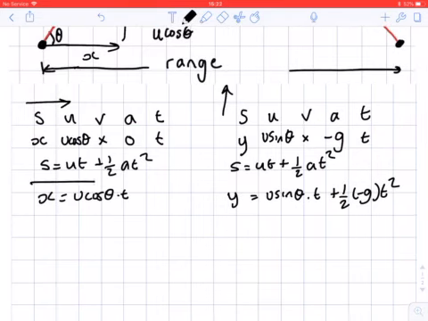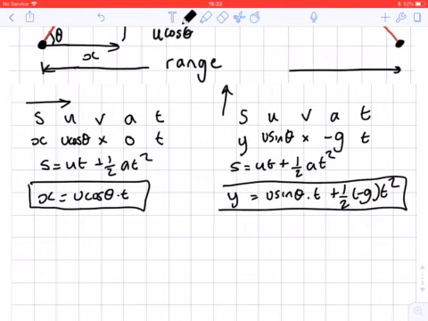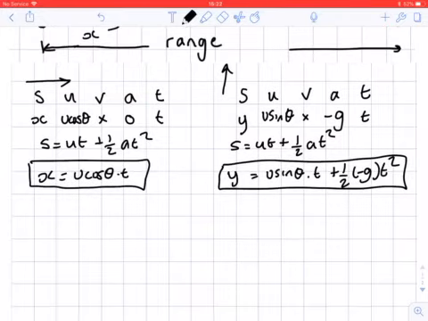Now what we've got here is two equations, x and y, and they're both linked by this third variable t. These are what are called parametric equations, and what we can do is eliminate the t by using one of the equations and substituting it into the other, and that should give us our Cartesian equation in terms of x and y. I think the most obvious one to rearrange in terms of t would be our horizontal component, and from that we can see that t will equal x over u cos theta.